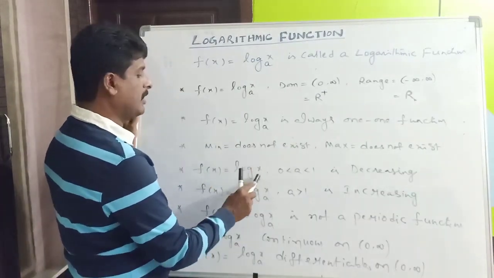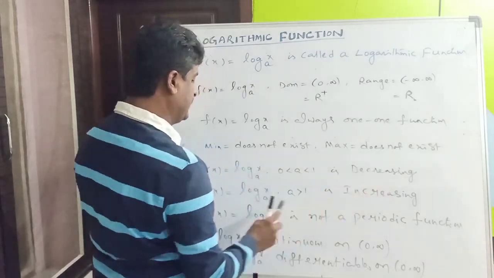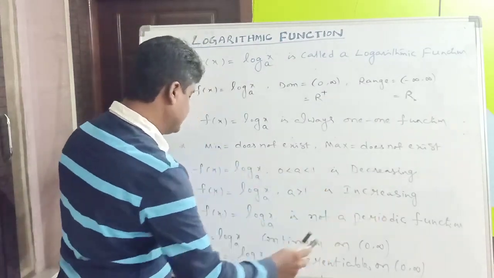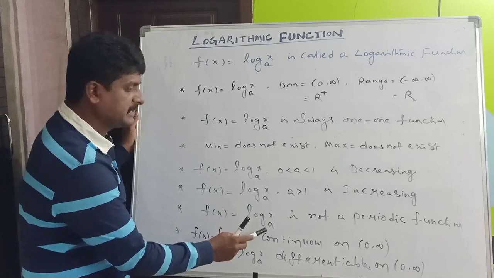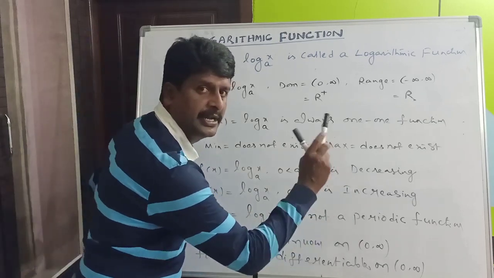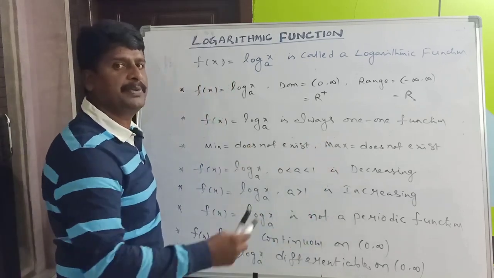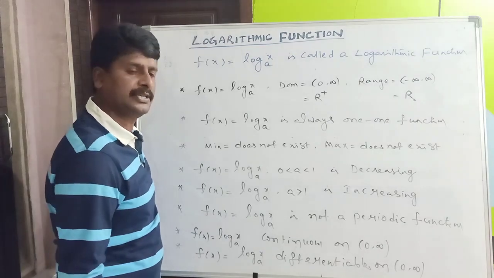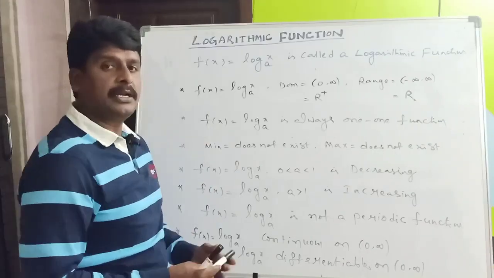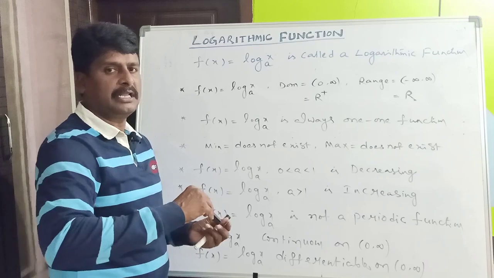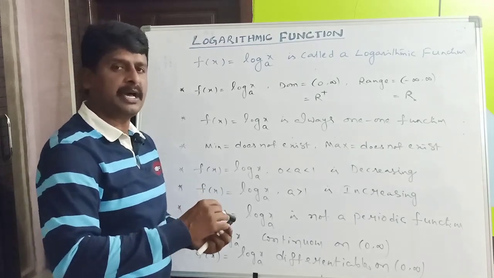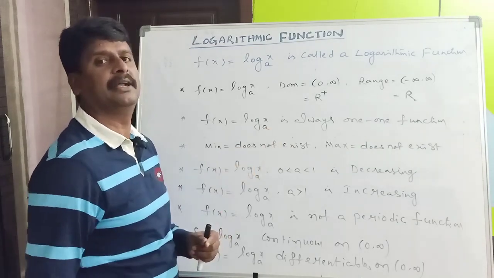f of x is equal to log x base a. For 0 less than a less than 1, decreasing. For a greater than 1, increasing. f of x is equal to log x base a is not a periodic function because its graph is never repeated after a certain stage. Of course, we can also draw the graph of the logarithmic function without lifting the marker from the board on its domain.